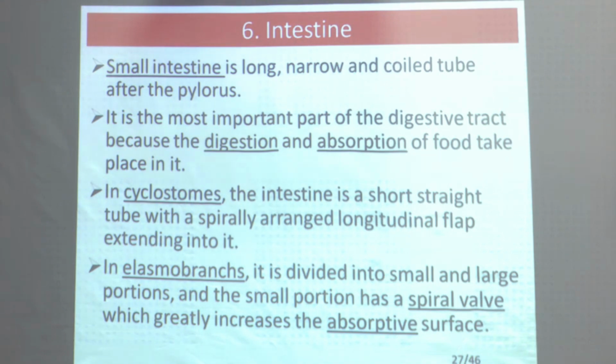In cyclostome the intestine is a short straight tube with a spirally arranged longitudinal flap extending into it. In elasmobranch, so this is all about the cyclostome. Then we come to the fish.